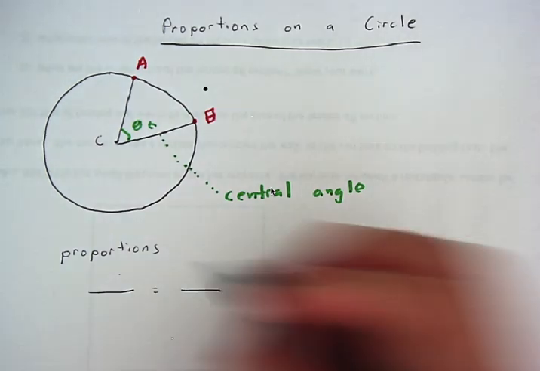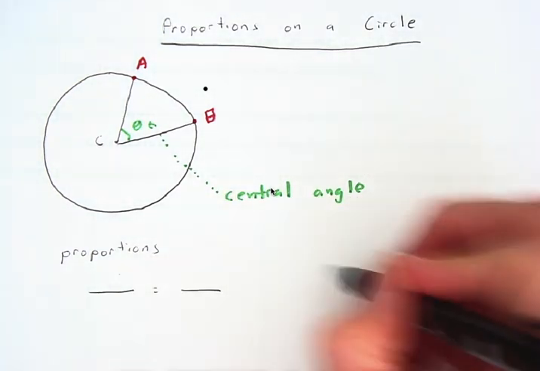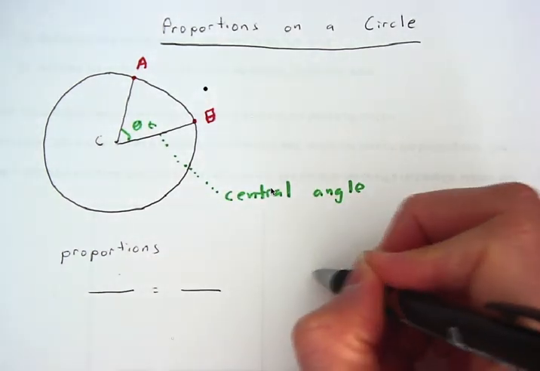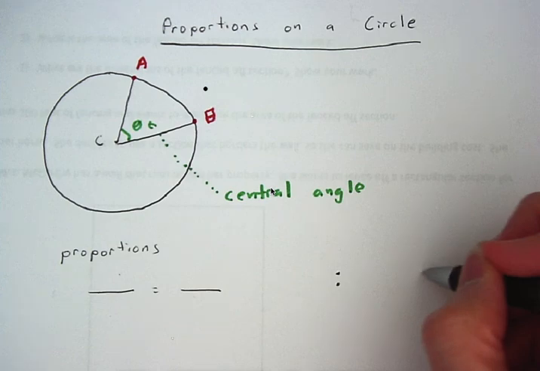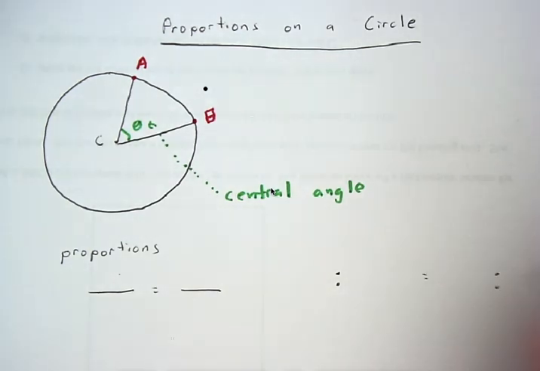Or we're talking about the ratio of something to something being equal to the ratio of something else to something else.